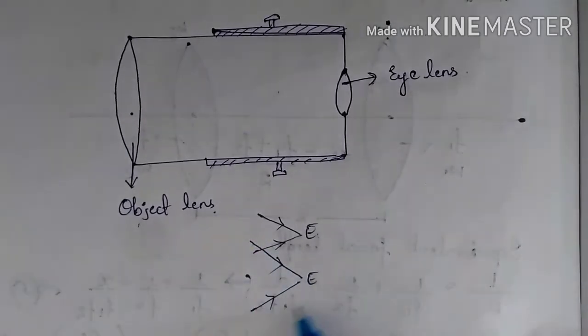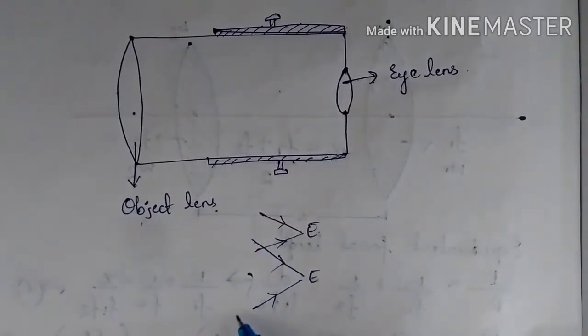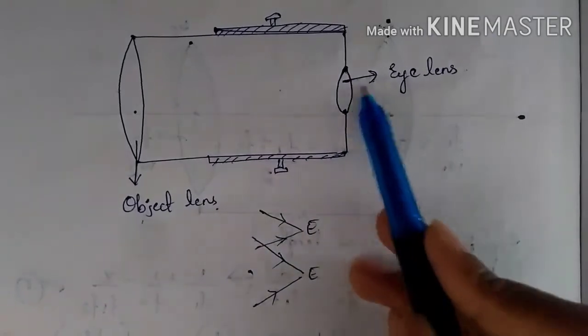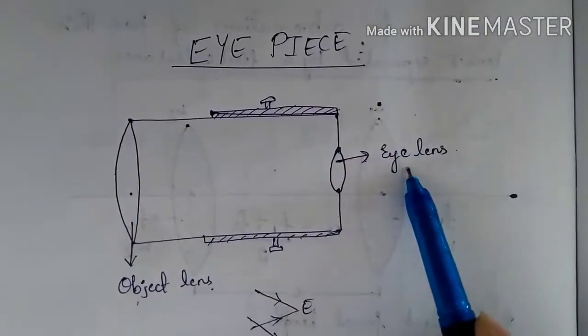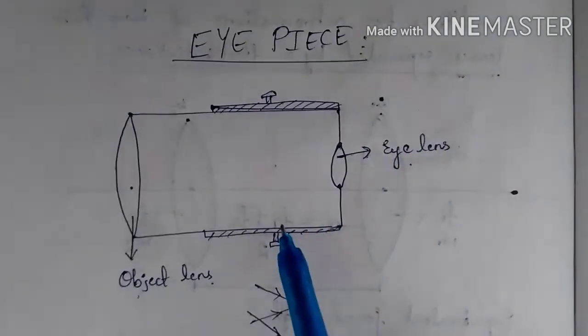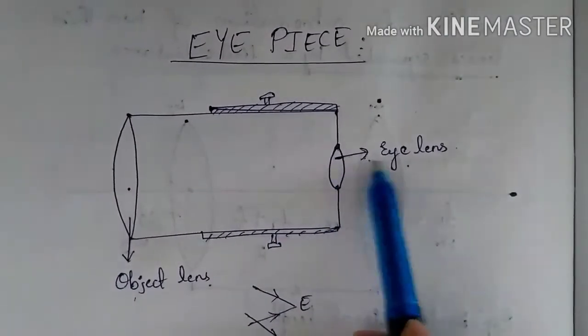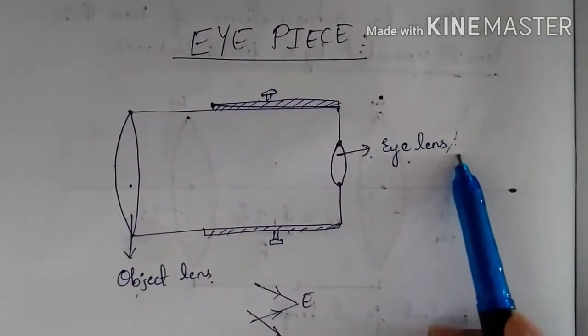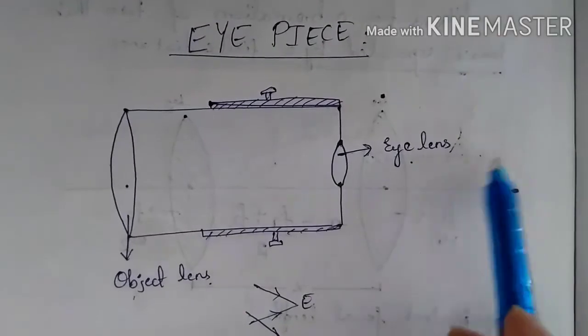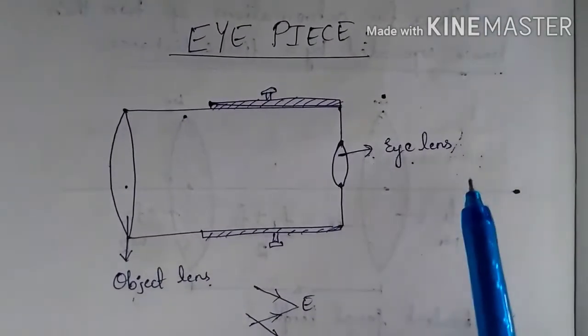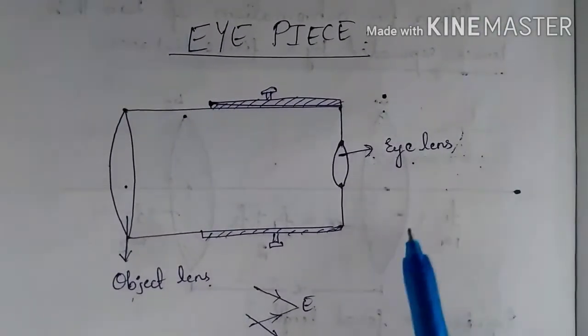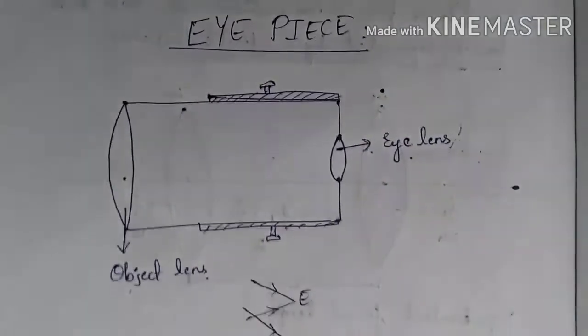So to increase the field of view, what we will do is we will replace this eye lens by an eyepiece. So the eye lens will be replaced by an eyepiece just to increase the field of view and to reduce the aberration.